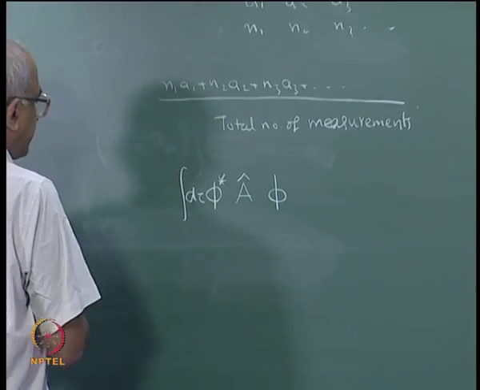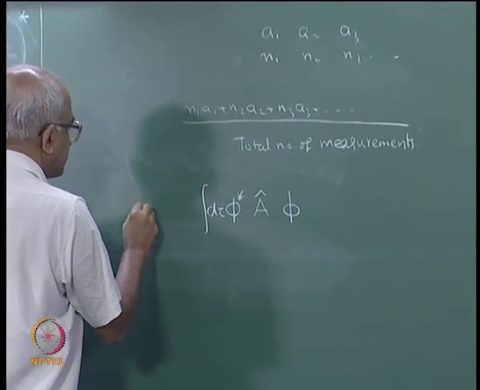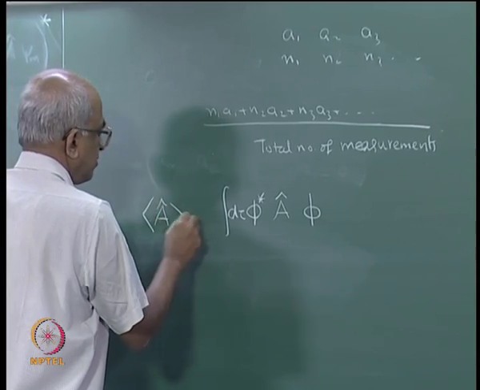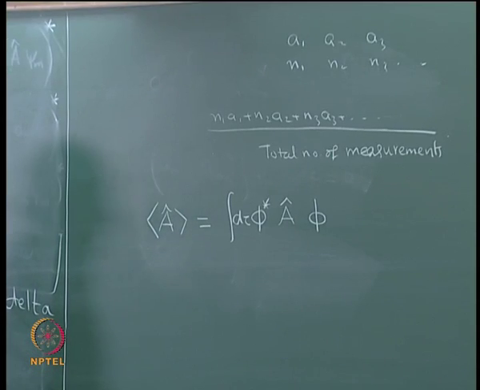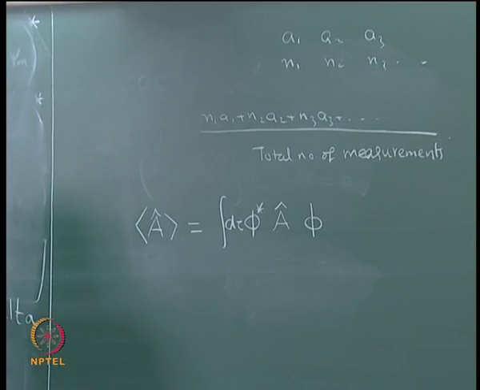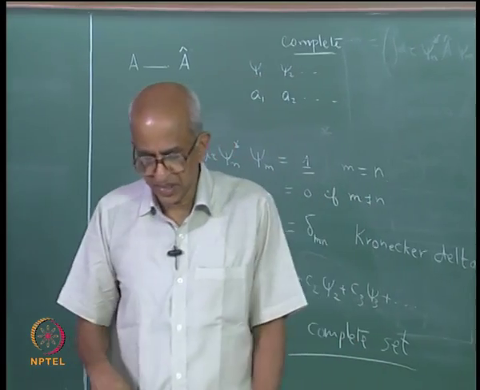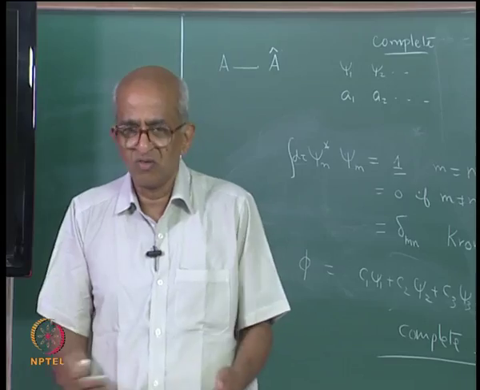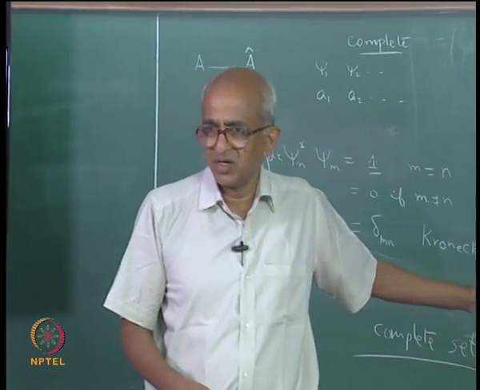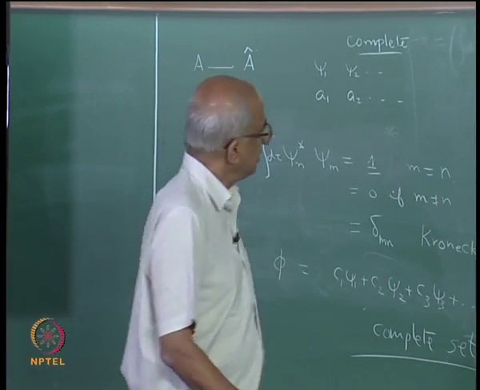So if I wanted to calculate the expectation value of A, this is the formula I have to use. Strictly speaking, I should have the other term which divides it, but we always normalize the function, so the integral will be 1.